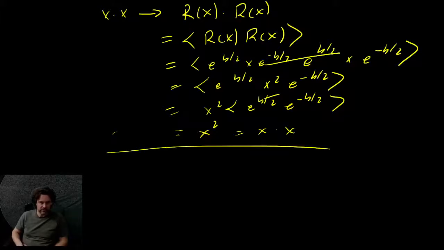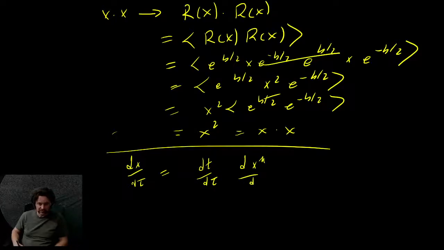So if we return to dx d tau, we found that that was dt d tau dx mu dt gamma mu.